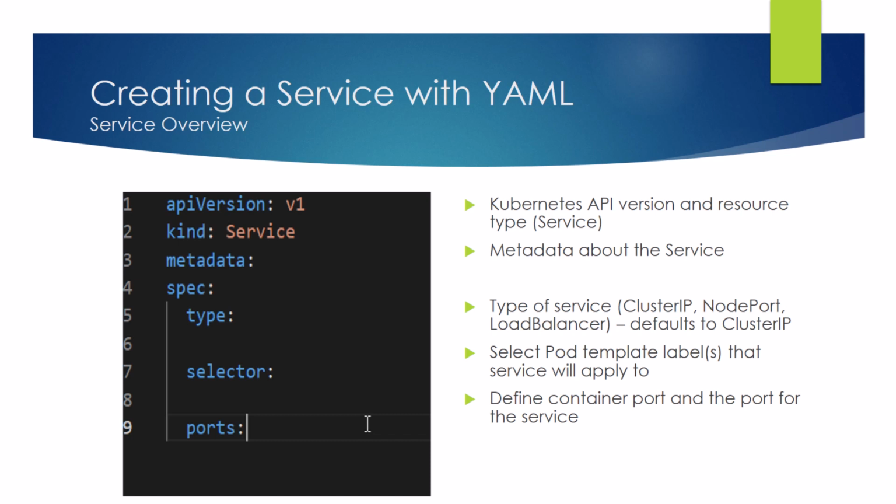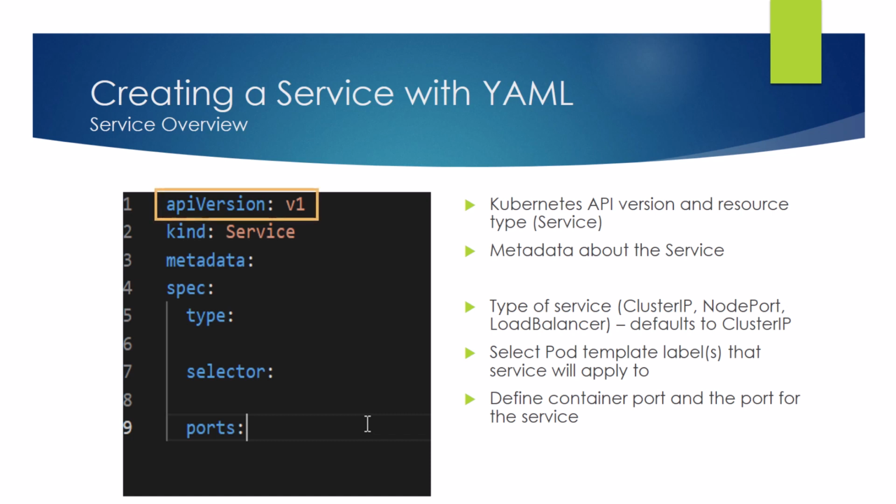But if we want to do it declaratively, then we will have to create a separate YAML file, and then we will have to create or apply that service using the kubectl command, and that of course would generate the service that can then add IPs for the different pods we have behind the scenes.